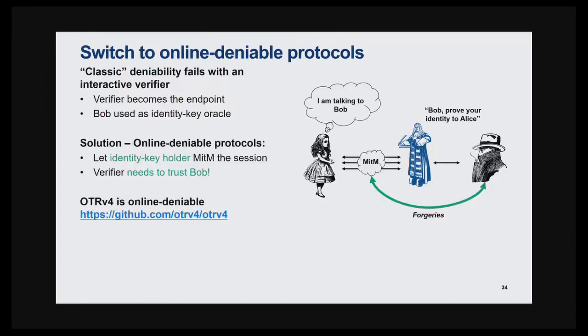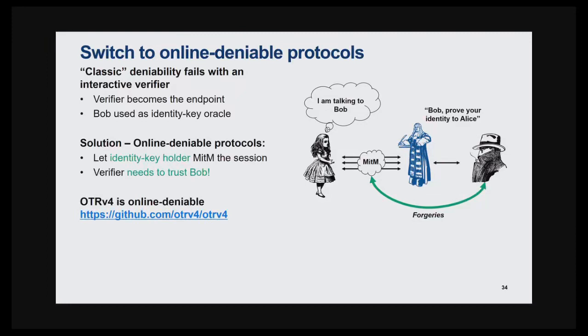But with this kind of protocol, now if Bob tries to help this verifier to verify messages from Alice, that verifier doesn't know if Bob is actually using his identity key to help forge messages from Alice. And so we're back in this original situation where Bob can forge messages that look like they're from Alice.